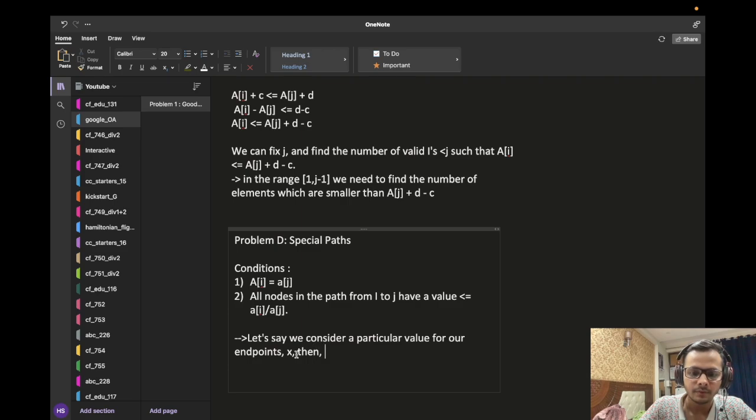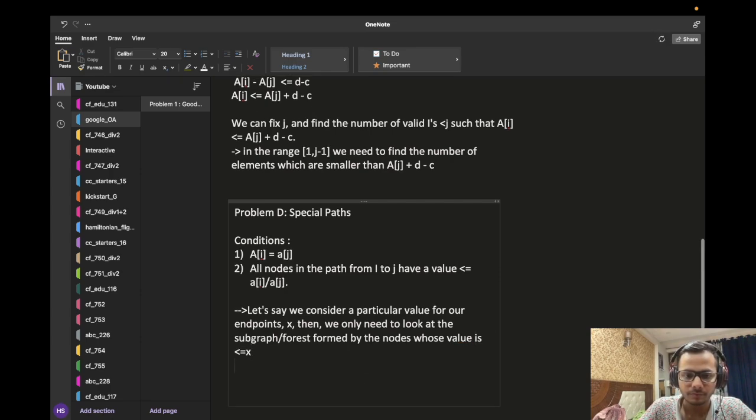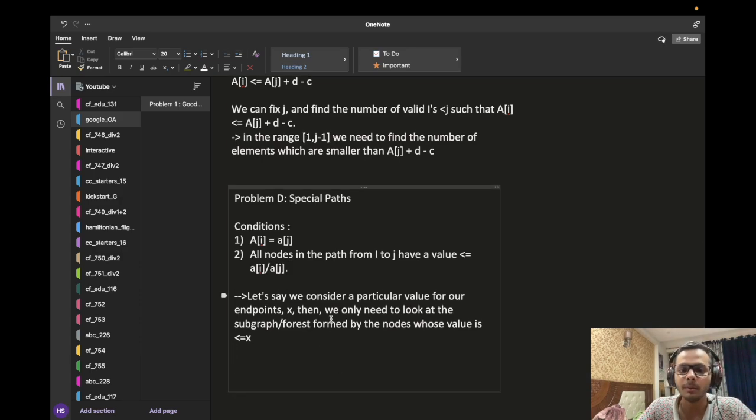Then we only need to look at the subgraph, which is going to be a forest formed by nodes whose value is less than or equal to x. So this is the main observation of this problem. If we are considering a value x for the endpoints, then we only need to look at the forest formed by the nodes whose value is less than or equal to x.